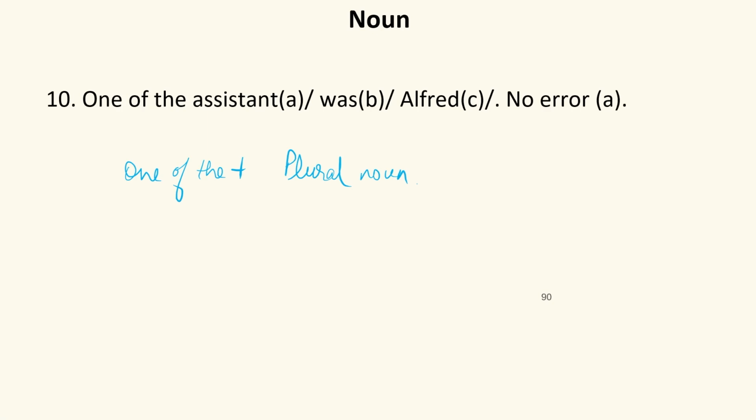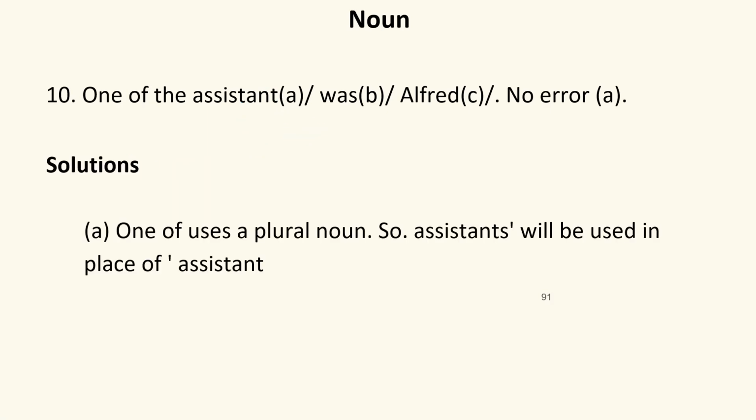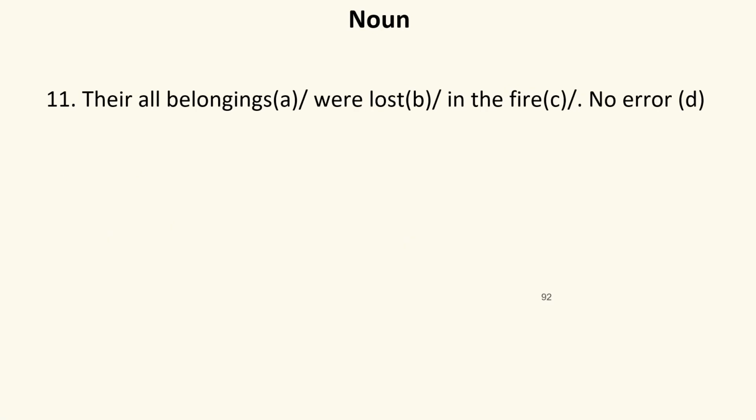So one of the students in the class represents the entire number of students, and we can select one from them. But if I say one from one, it is not correct. If the assistant is only one, how can we select one from it? So it should be one of the assistants. So here A part contains the error, and one of the assistants will be correct.